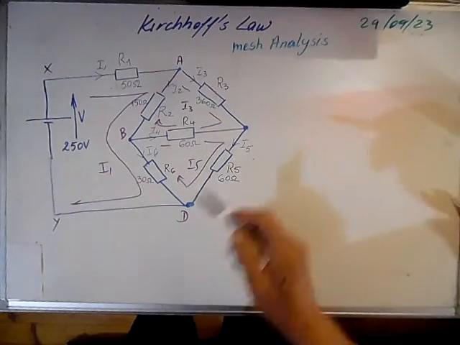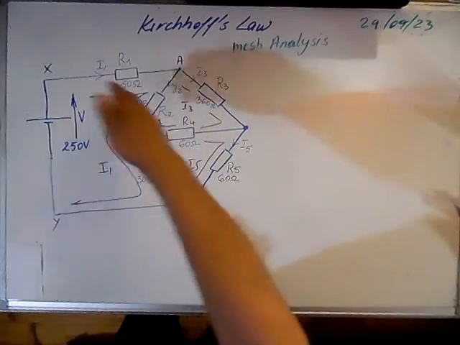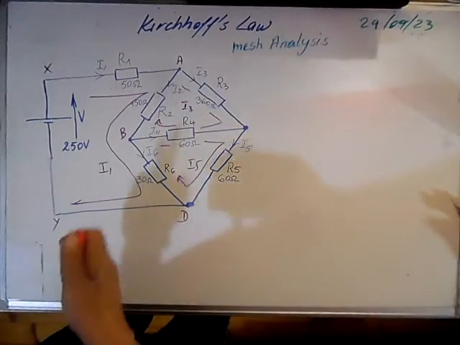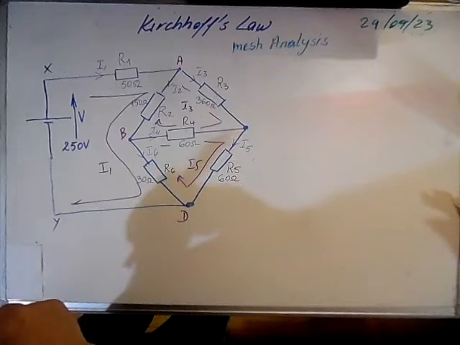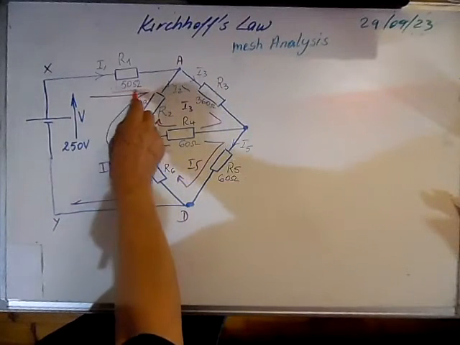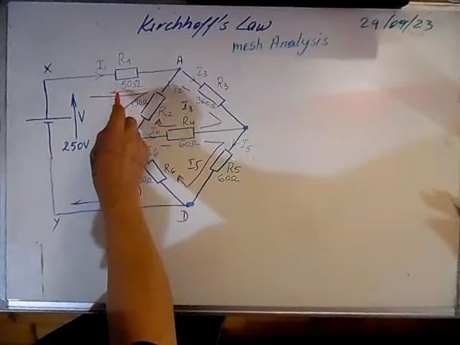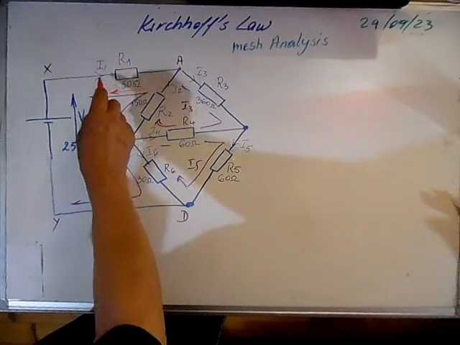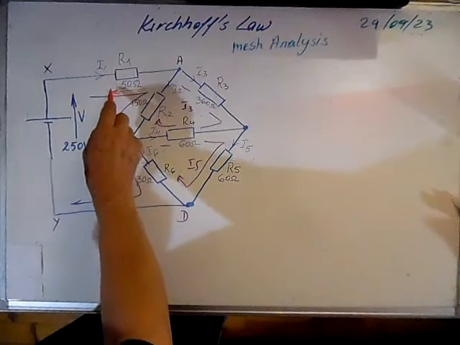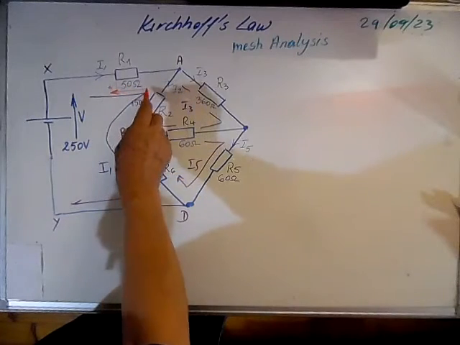and we can write, for example, because we have chosen this current, the voltage drop here on this resistance will be in this direction, because this arrow will show that the current flows from the highest potential to the lowest.